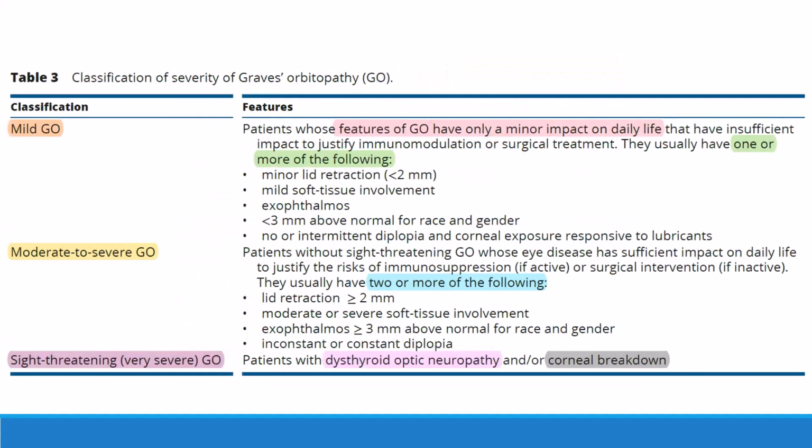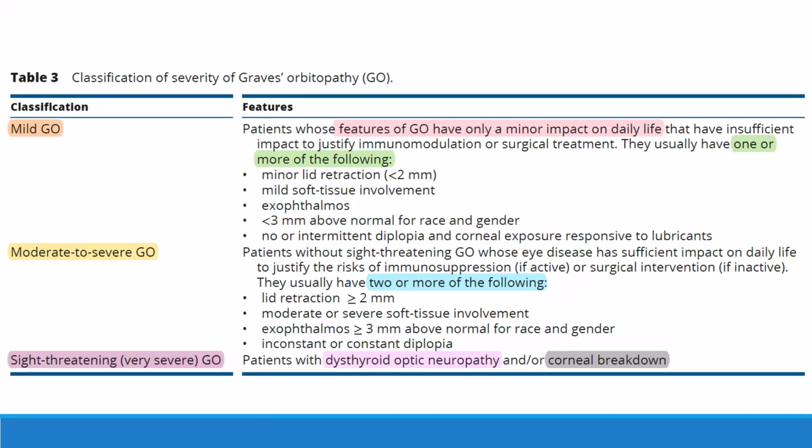The second item for assessment and classification of Graves' orbitopathy is classification of severity: mild Graves' orbitopathy, moderate to severe Graves' orbitopathy, and sight-threatening or very severe Graves' orbitopathy. Let's start with sight-threatening or emergent Graves' orbitopathy, a patient with dysthyroid optic neuropathy and or corneal breakdown.